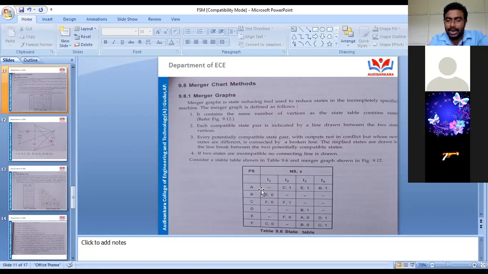When I compared A and B, their next states and outputs were all matching, so they are directly compatible. But when I'm comparing B and C, students, what is happening? They have the same output but different next states. So what will I do?